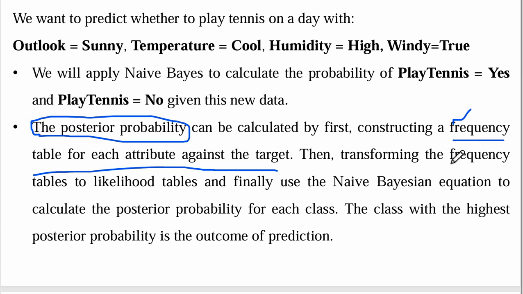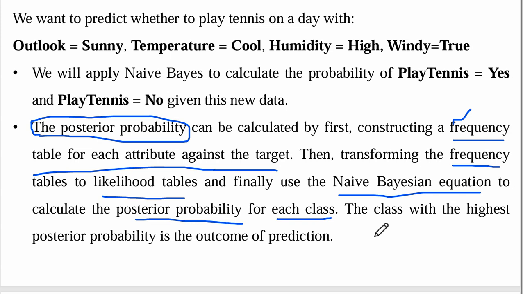Then we transform this frequency table into a likelihood table. Then finally we use the naive Bayes equation to calculate the posterior probability for each class.